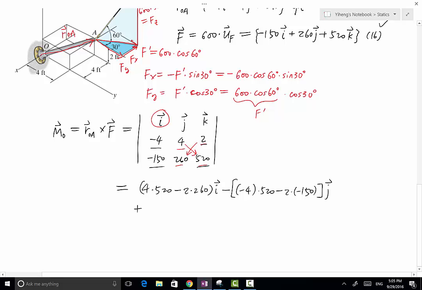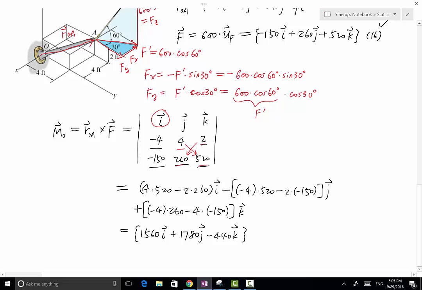And lastly, we switch back to a positive sign. For k, negative 4 times 260 minus 4 times negative 150, k. And then we can evaluate that, and that's 1560i plus 1780j, and then 440k.